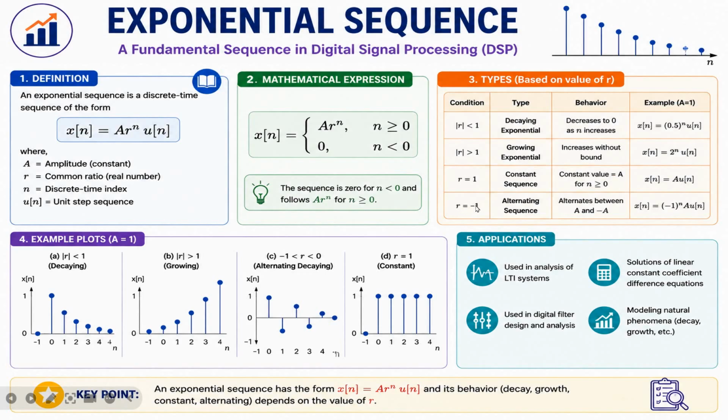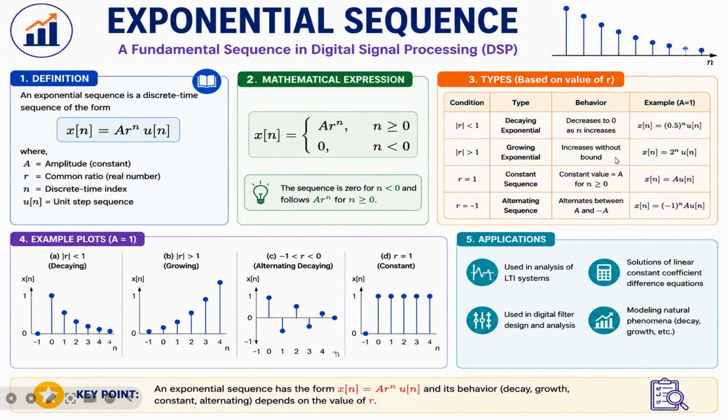Next comes r equal to minus 1. So here it will be an alternating sequence. That is, it alternates between plus a and minus a, that is, plus the amplitude and minus the amplitude. So we can write x of n as minus 1 raised to n into a into u of n, because here we have taken r equal to minus 1. In the third case, r is equal to 1, therefore 1 raised to n will be 1.